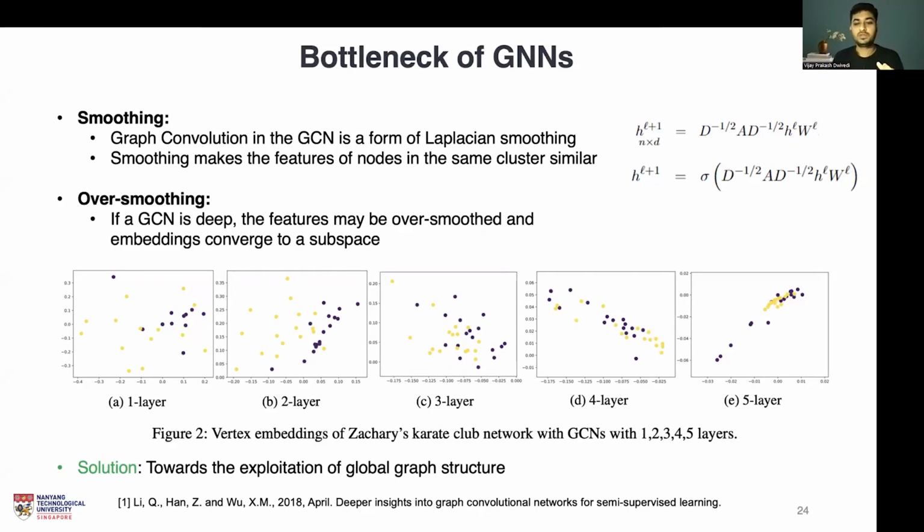When we have a node classification problem with so many classes, it may be difficult to disentangle or distinguish between all the different nodes, and we may eventually, in the ideal case, end up having the same embedding. So this is a bottleneck of GNNs. One of the remedies is to exploit the global graph structure as well, and not only do local feature aggregation, which may result in over smoothing. I'll take note of this and connect it later in the further slides. So the remedy is the exploitation of global graph structure.